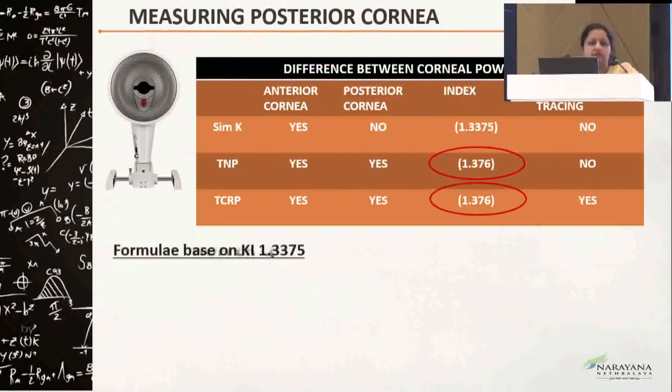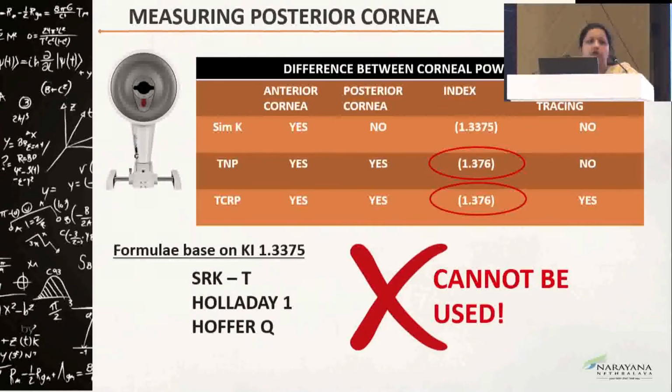It gives us the SimK, the true net power, and the total corneal refractive power. Here we should note that SimK is the only one which uses the refractive index of 1.3375 and so can be used in all older IOL calculations, whereas the TNP and the TCRP are based on the actual corneal refractive index of 1.376 and therefore cannot be used.